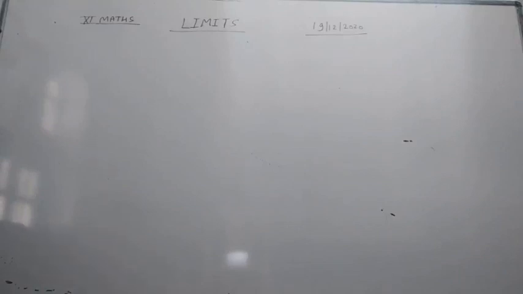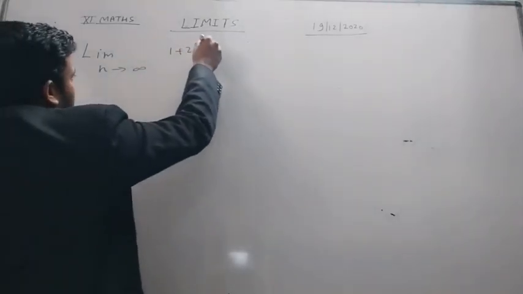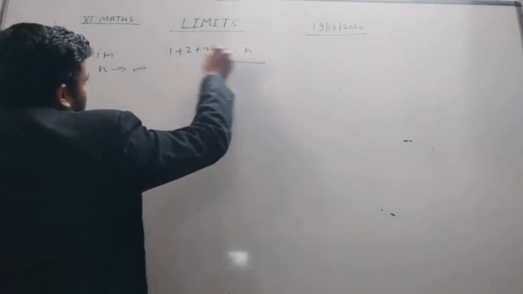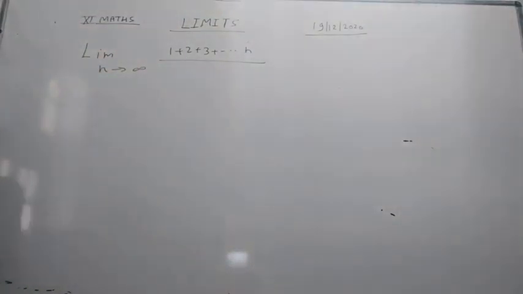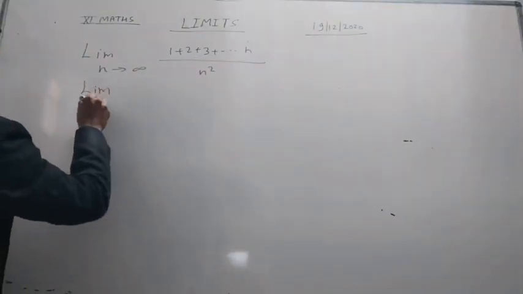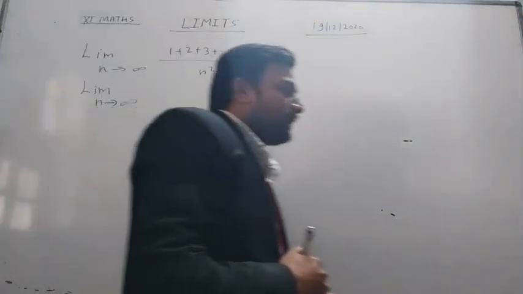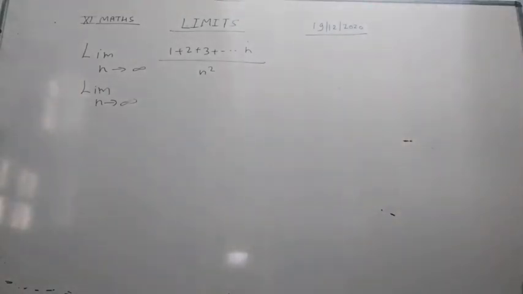Our next question is limit n tends to infinity of 1 plus 2 plus 3 plus dot dot dot n by n square. So limit n tends to infinity, we have 1 plus 2 plus 3 plus dot dot dot n.